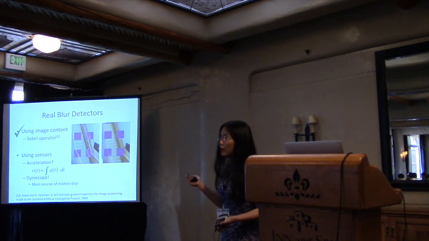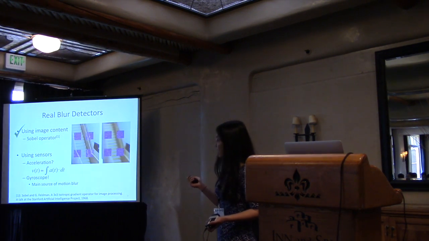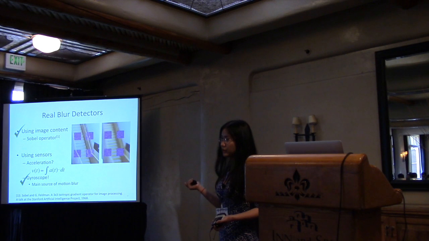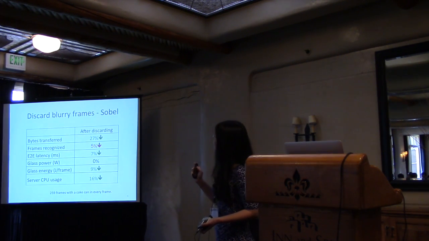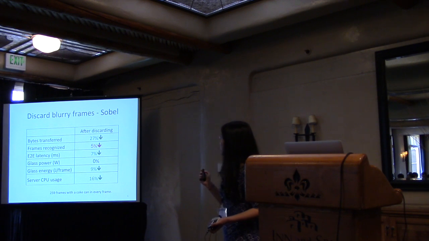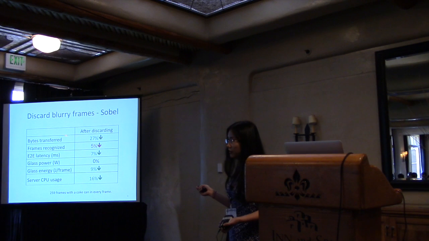So in this work, we built a blur detector using Sobel operator and another one using gyroscope. Let's see how they perform. So this table is the blur detector using Sobel operator. Numbers in green mean that things are improving, and numbers in red mean things are not as good.